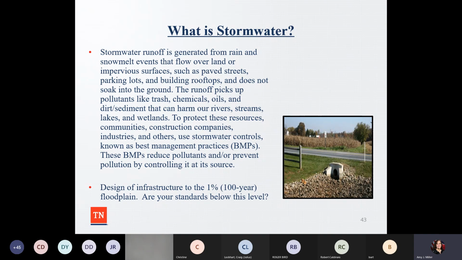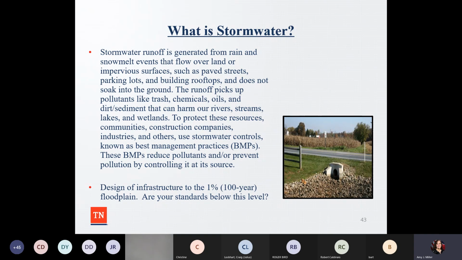So in my mind, as communities continue to grow in Tennessee, the design standards really should be to the 100-year event, because as we see with weather patterns changing, whether you call it global warming, whether you call it more flash flooding, whatever you want to call it, there's more flood events in Tennessee, right?